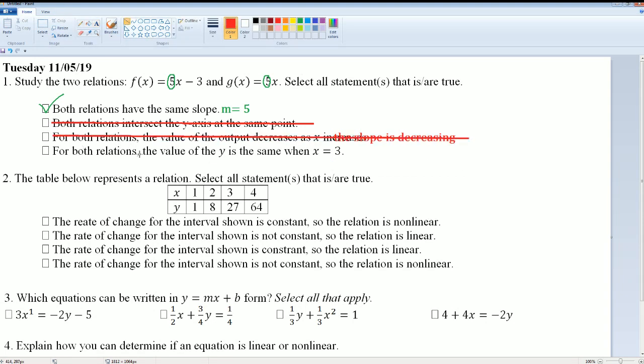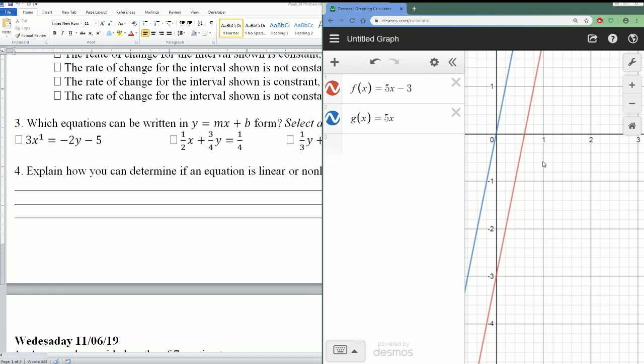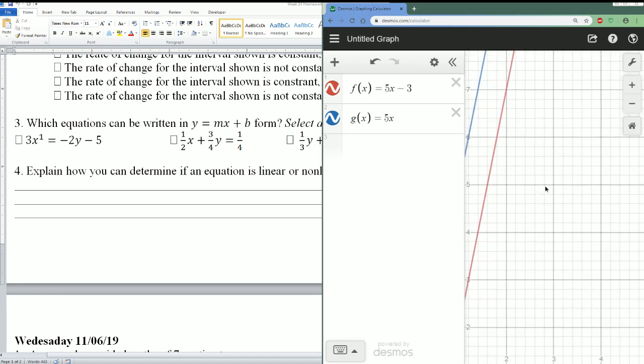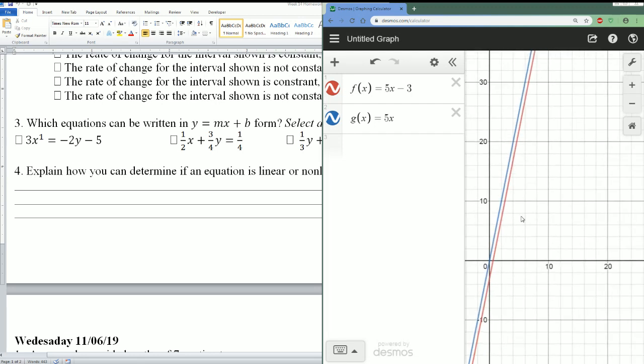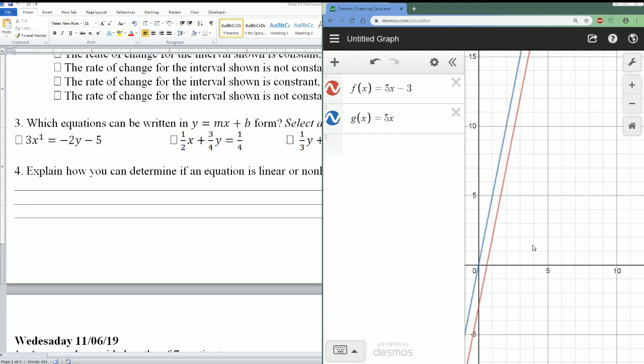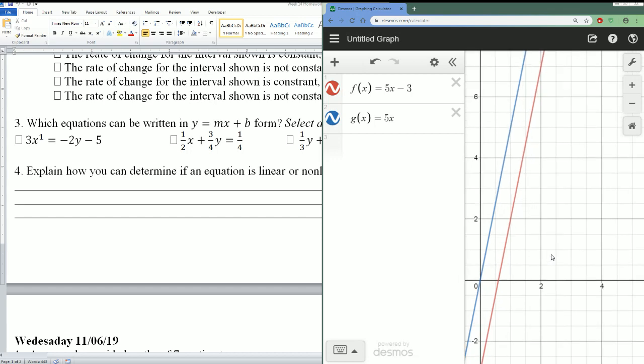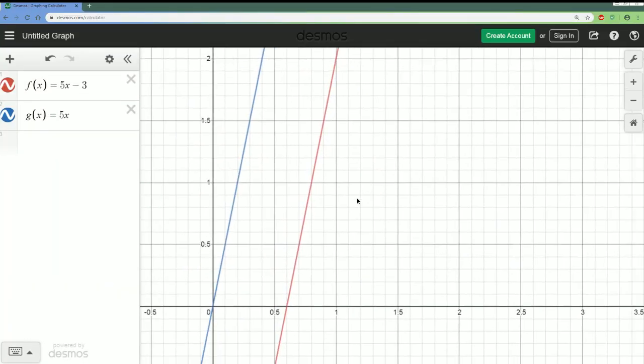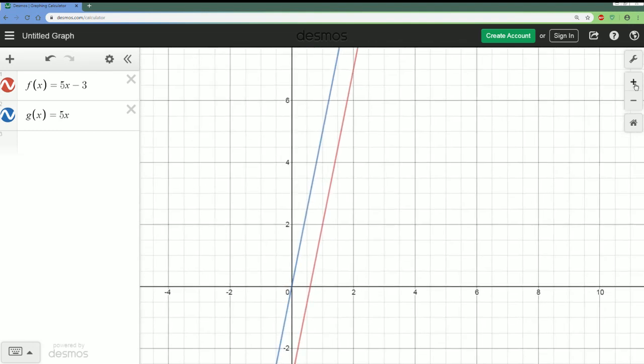For the relationships, the value of y is the same when x equals 3. Let's take a look. Where is x equals 3? I can make it bigger. 3 is right here.